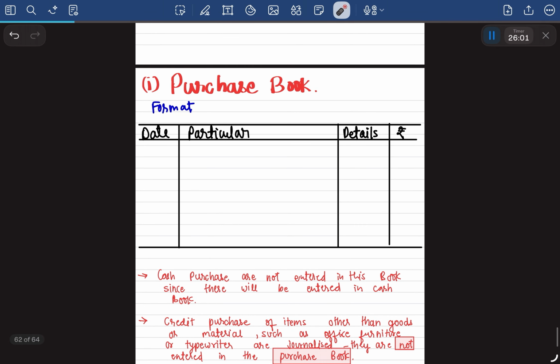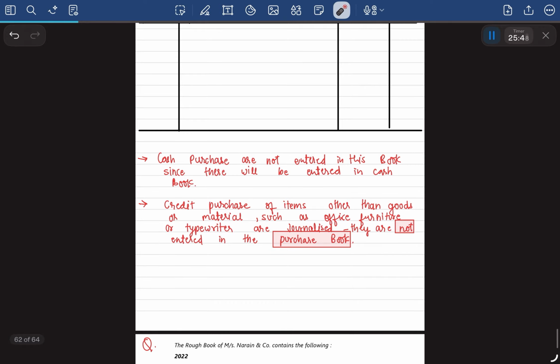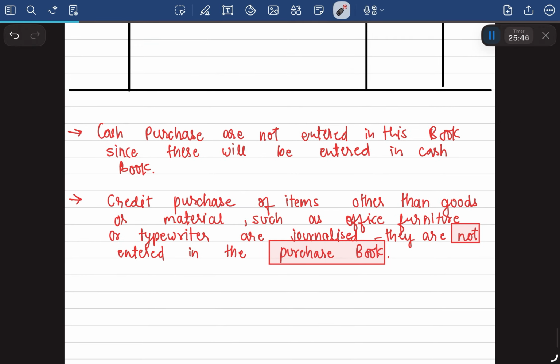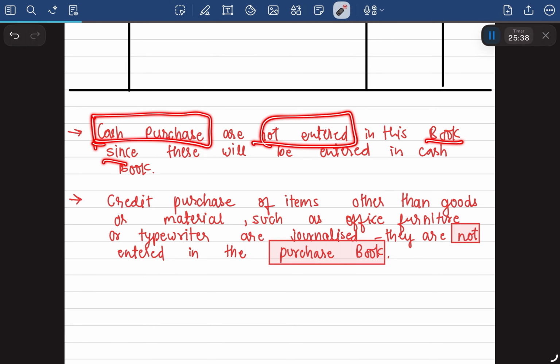So purchase book, starting. So this is the format. This is a very normal format. First we have date column, then particulars, then details, then amount. So there are some points I've written here. In this, cash purchases are not entered in this book since these will be entered in the cash book.